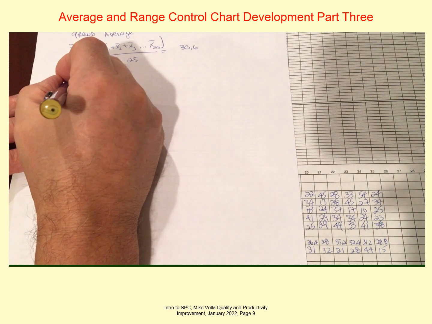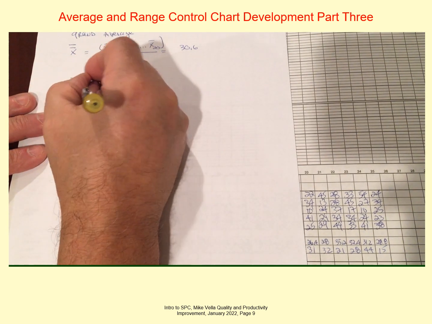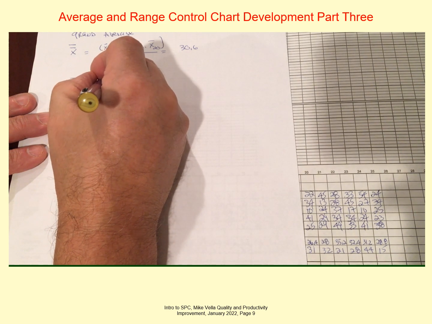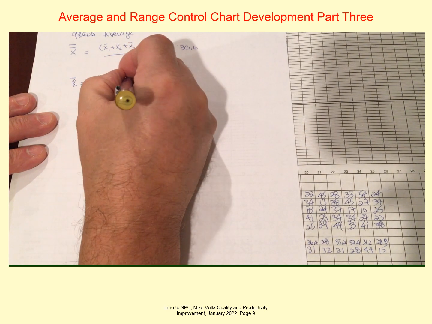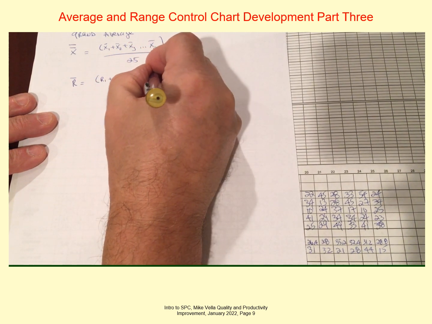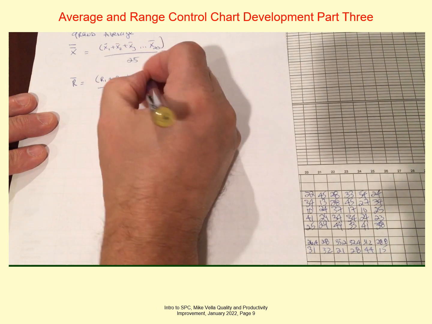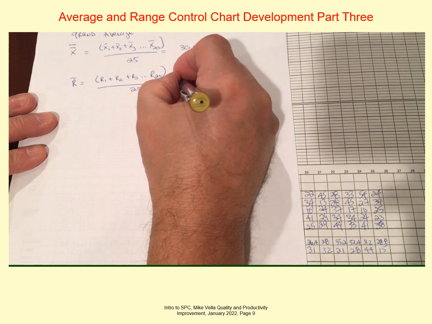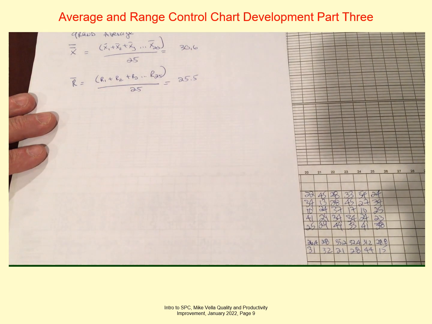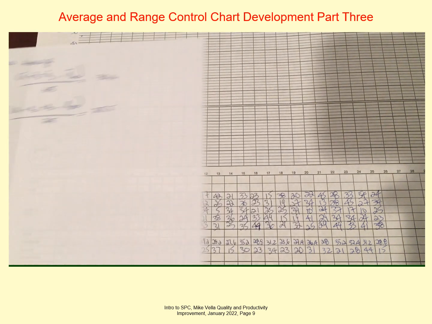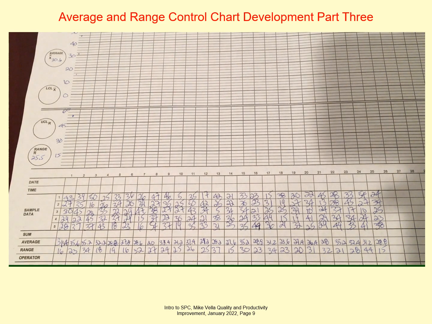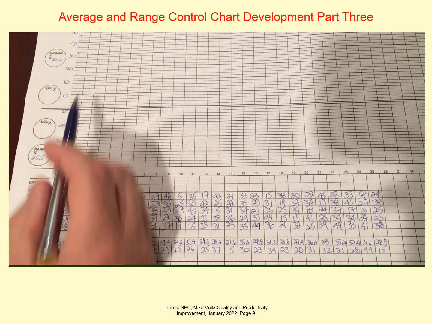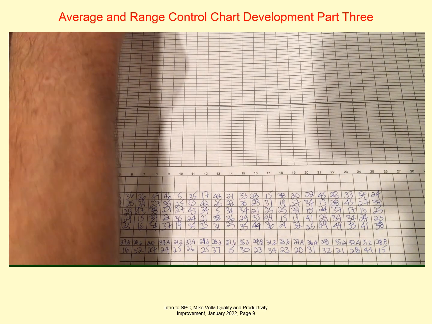And our average range, and that is the R bar, is the average of all the ranges, so that's R1 plus R2 plus R3 all the way to R25, divided by 25. That average range, as we've mentioned, is 25.5. So what we'll want to do here, just for graphical purposes, since we've got our grand average and our average range, why don't we just plot that on the chart.